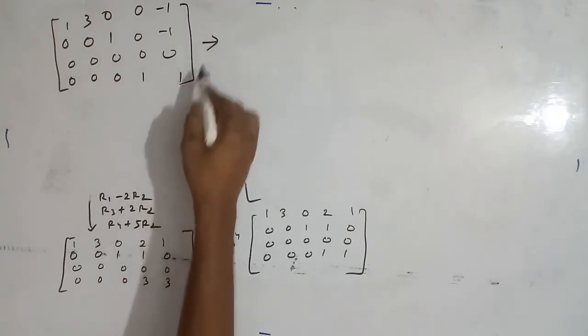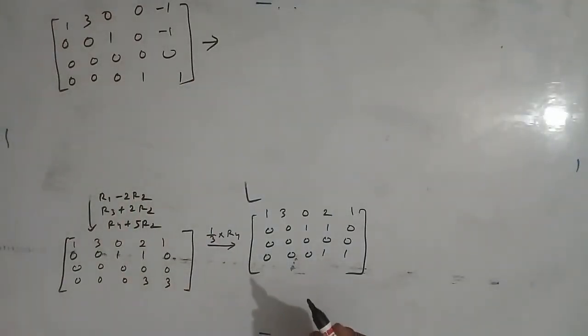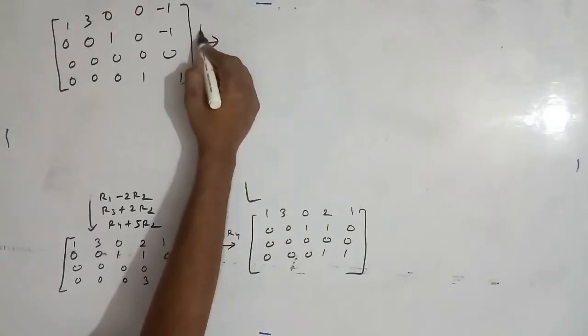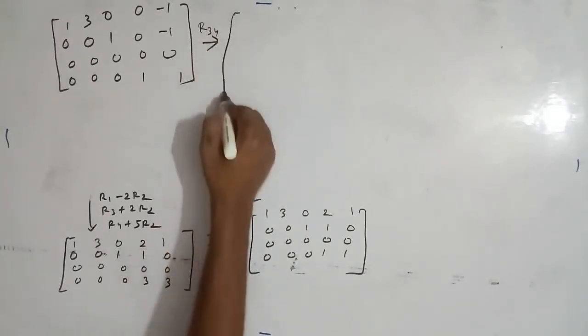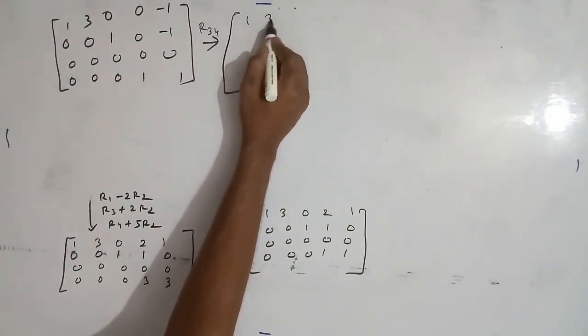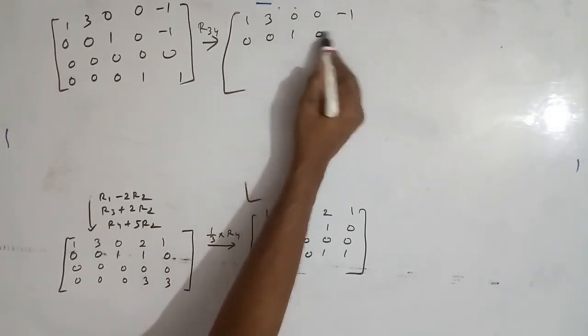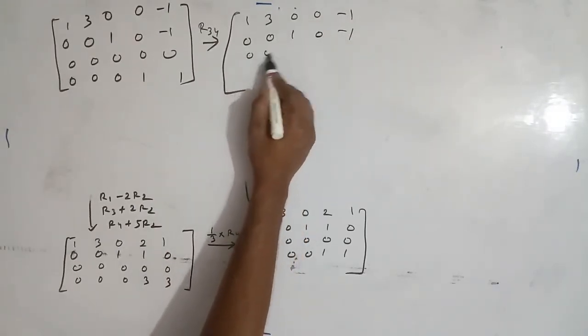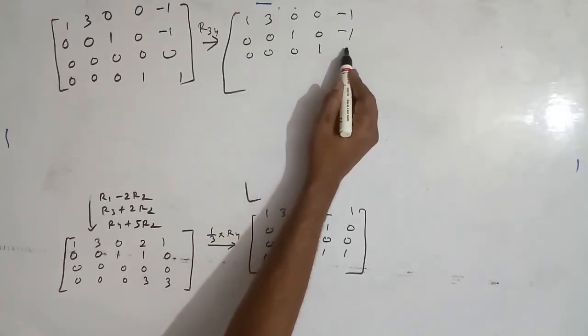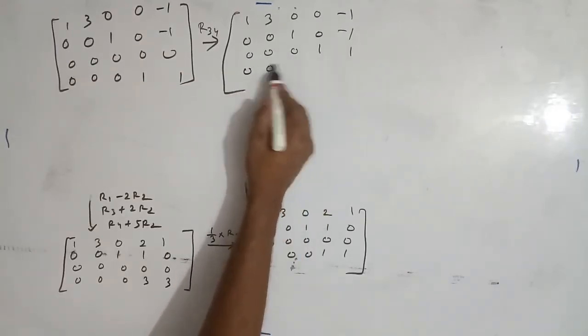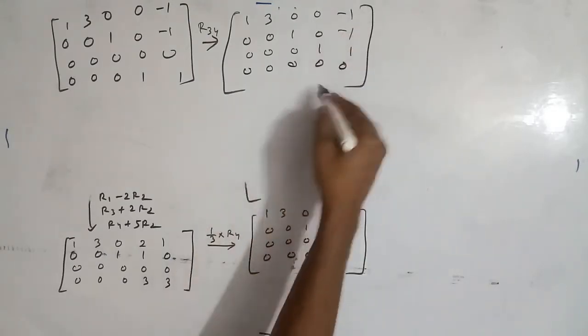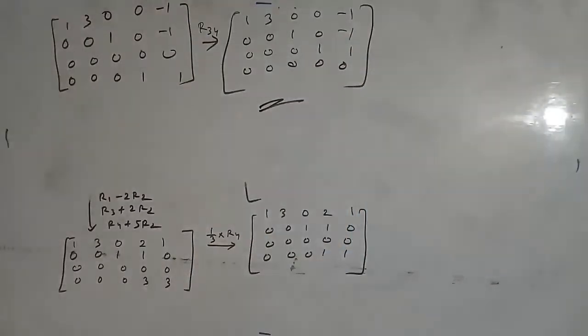Okay, and now we will interchange R3 and R4. So 1 3 0 0 minus 1, 0 0 1 0 minus 1, 0 0 0 1 1, 0 0 0 0 0. So this is the row reduced echelon form.